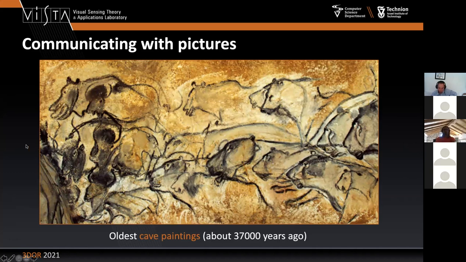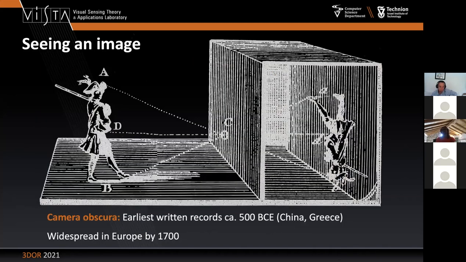Because we really see the world in pictures, we have always, as human beings, attempted to capture the visual description of the world, and this is one of the earliest imaging devices.